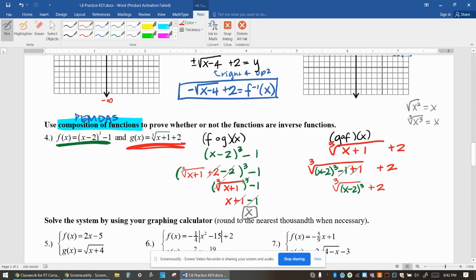Again, that was a common mistake. Some of you guys try to cancel the root right away, and you can't do that. Now, since there's a quantity cubed, and I'm cube rooting it, they cancel, the root and the exponent. And it turns out that these two functions are, in fact, inverses.